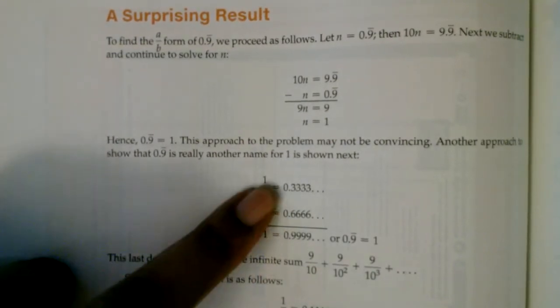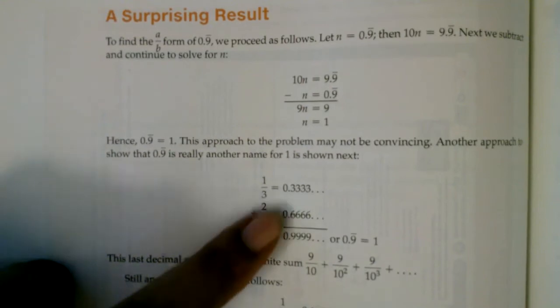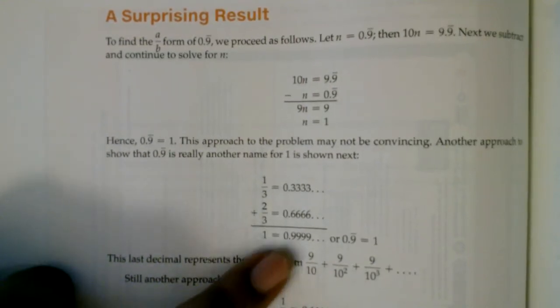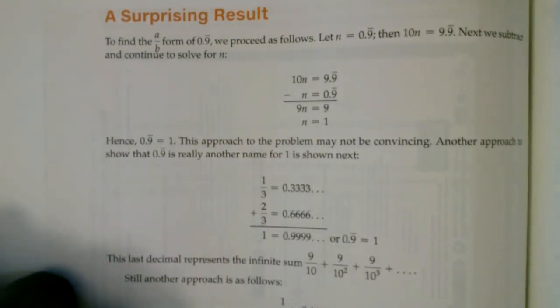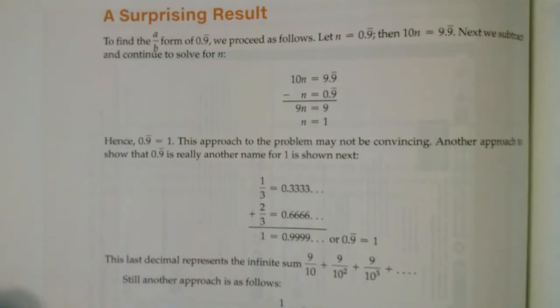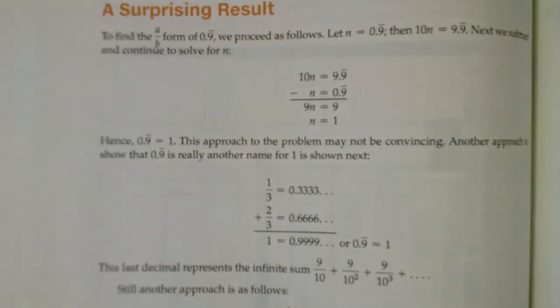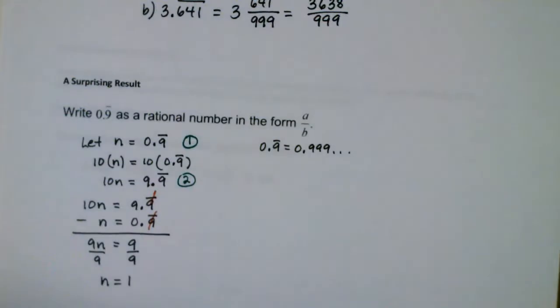But if you add their decimal equivalents, 0.3 repeating and 0.6 repeating, you get 0.9999, or 0.9 repeating. And that's equivalent to 1. So that's pretty much a strange result that they came up with in that problem for that particular repeating decimal.